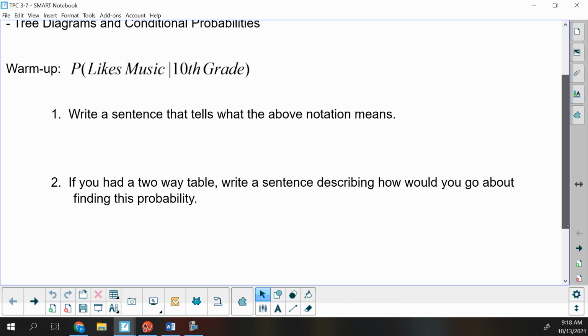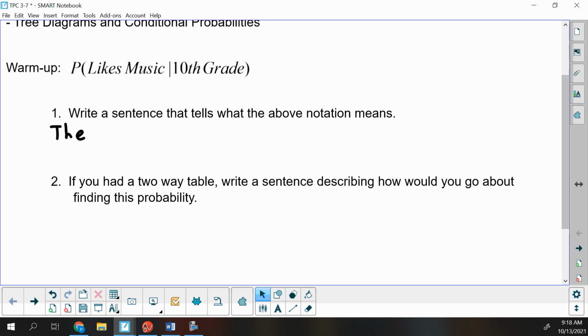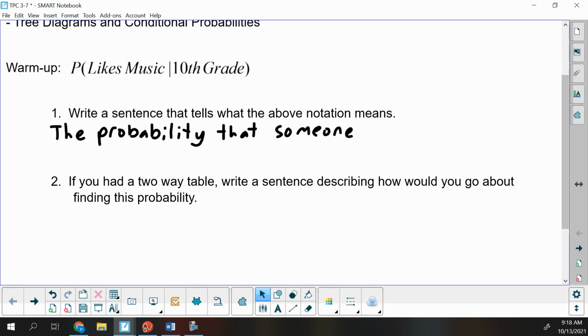So for the first one, we basically just want to write what this notation is really representing. P is for probability, so we want to find the probability that someone likes music given they are in 10th grade.